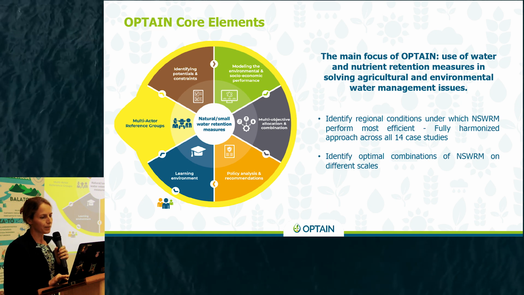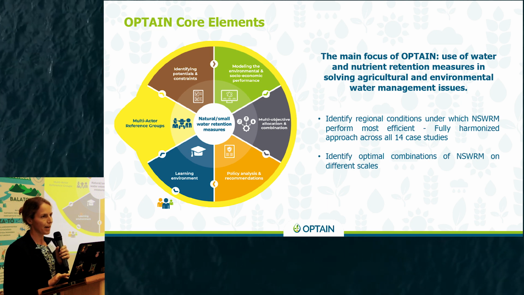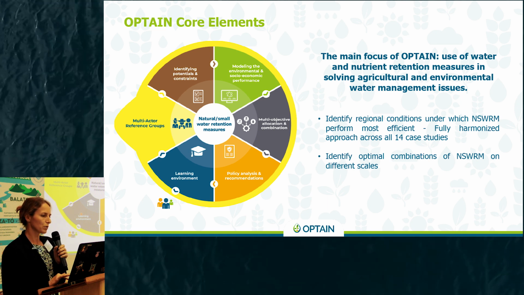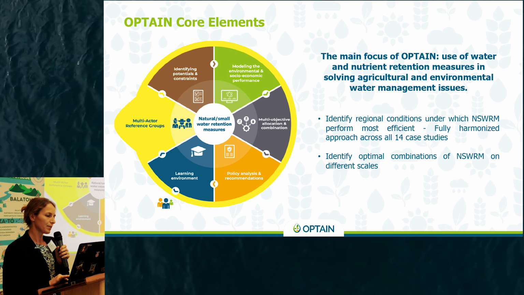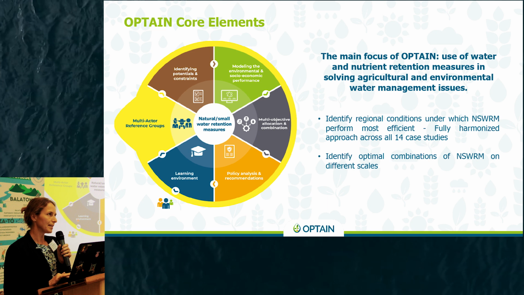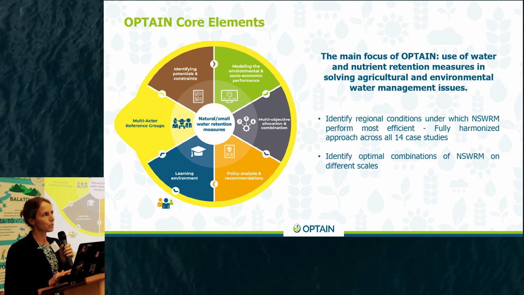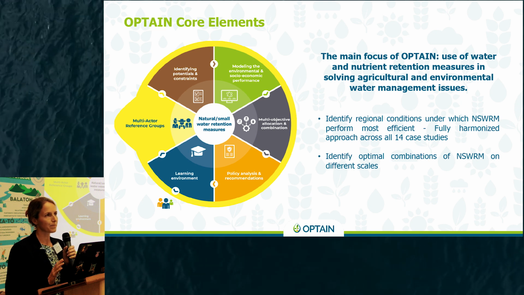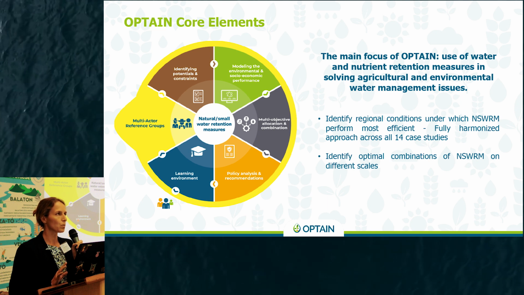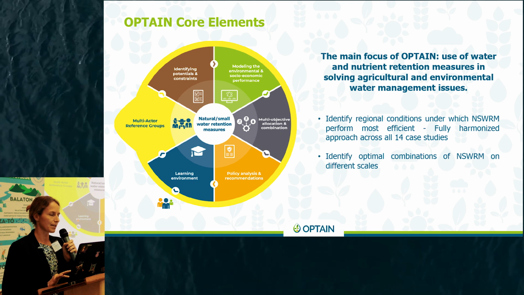Then, based on the model results, we perform multi-objective allocation and combination analysis. And we are dealing with policy recommendations and building a learning environment where we share information about natural small water retention measures and the model results. And our aim is to create an interactive platform where the users could assess by themselves, if they select different measures, what effects they could get on different sites.